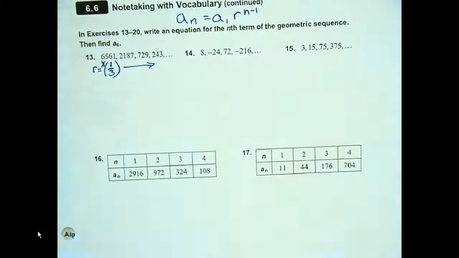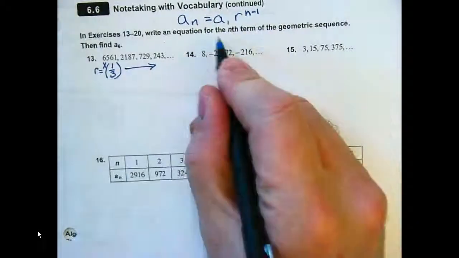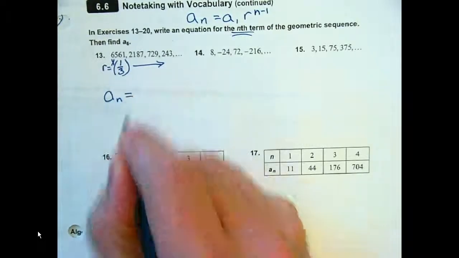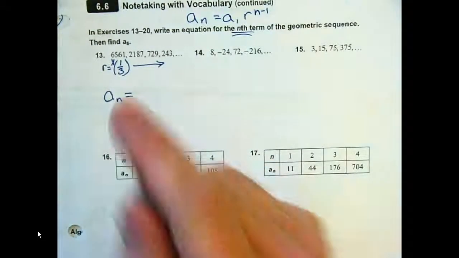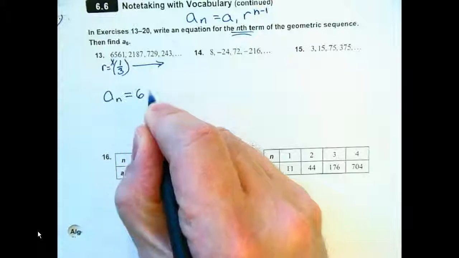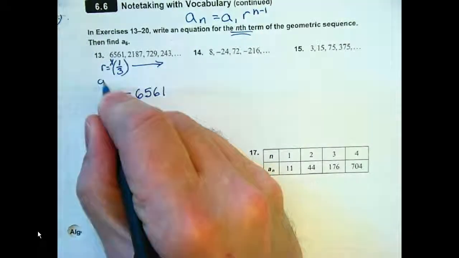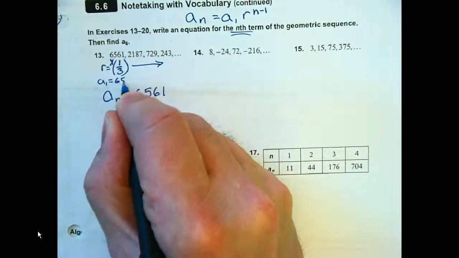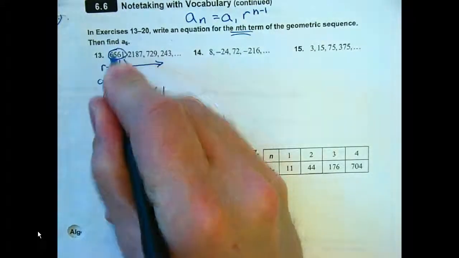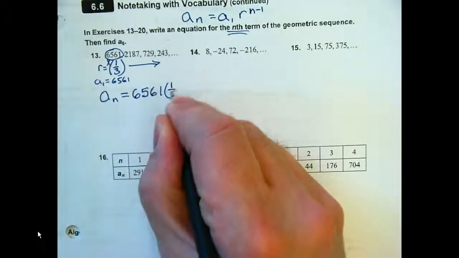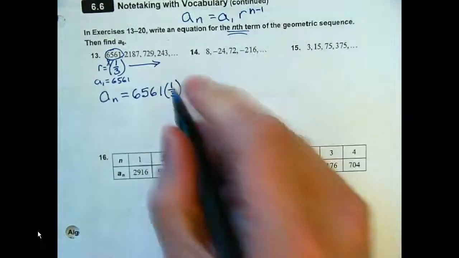So, write an equation for the nth term, that's A sub n, is equal to, tell your neighbor what A sub 1 is. 6561. Good, 6561, that's A sub 1. It's just the first term. R was 1/3, so we need to know A sub 1 and R. N we don't know yet, minus 1.